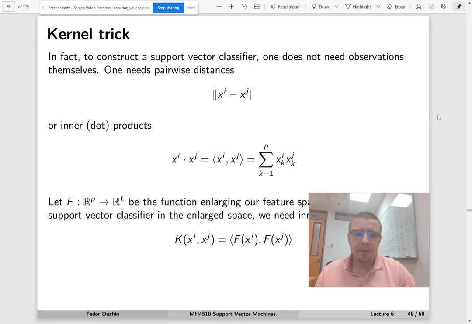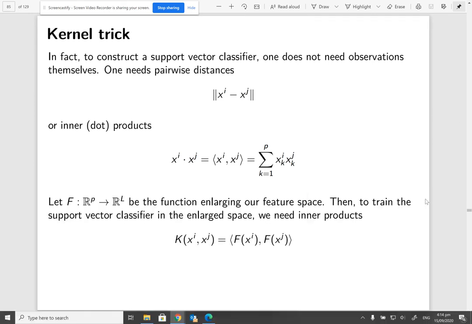So if we are going to enlarge our feature space, then it means that to train our support vector classifier in the enlarged space, we need inner products in the enlarged space.